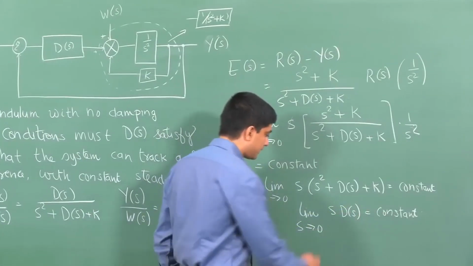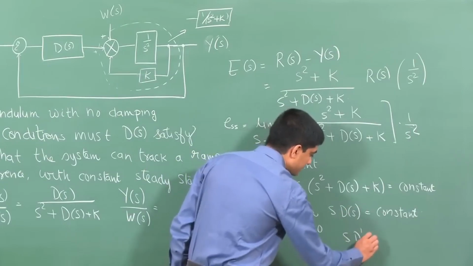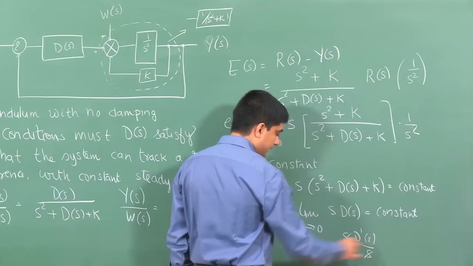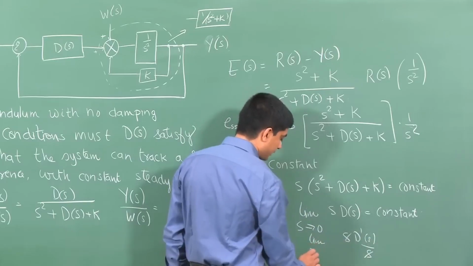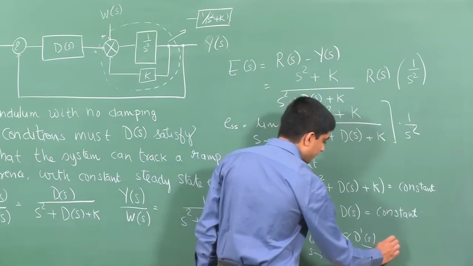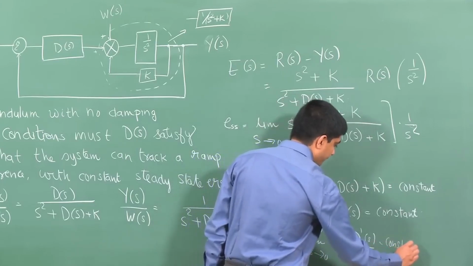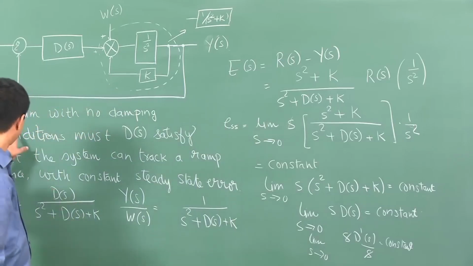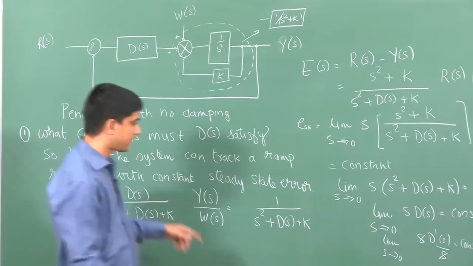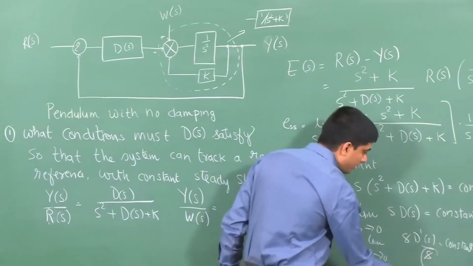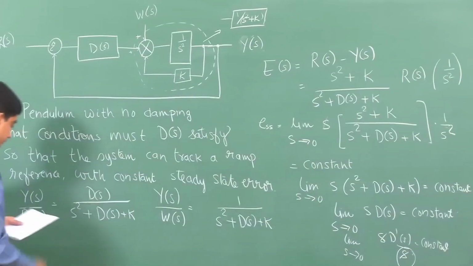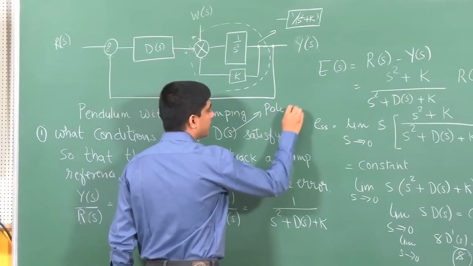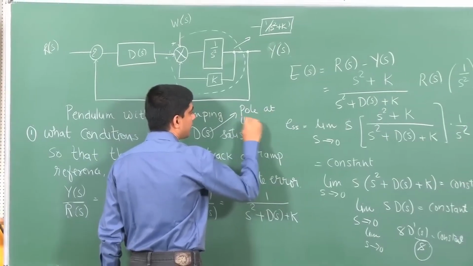Well, D(s) should be some D prime(s) over s, right, in which case this cancels out, and then I just take the limit s going to 0, and this will be some constant. Okay. So the condition on D such that these things are satisfied is that D must have a pole at the origin, right. So this guy must have a pole at the origin.